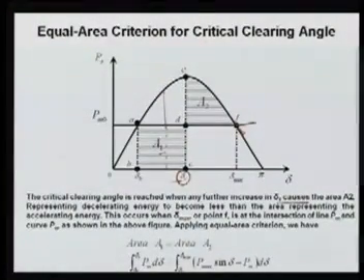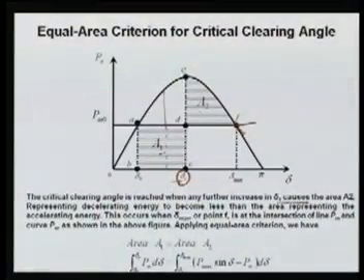So area A2 should be within delta max, and we have to determine this delta C so that if your fault is cleared at less than that angle, we can say our system is stable. To be very critical, for getting the maximum value of delta at which the fault is cleared for stable operation, area A1 should be equal to area A2.